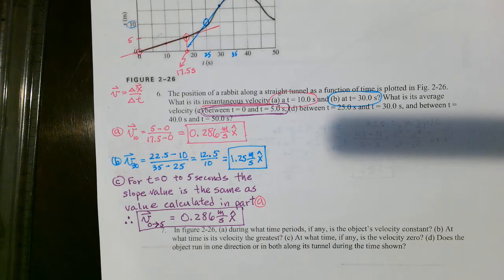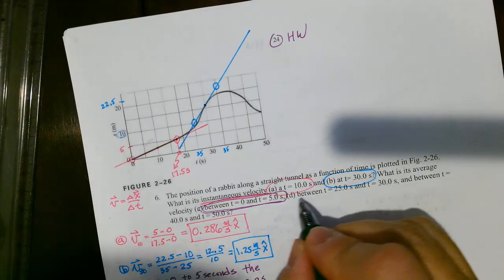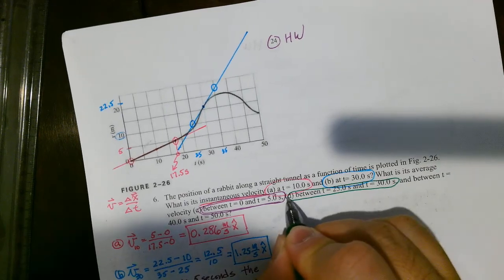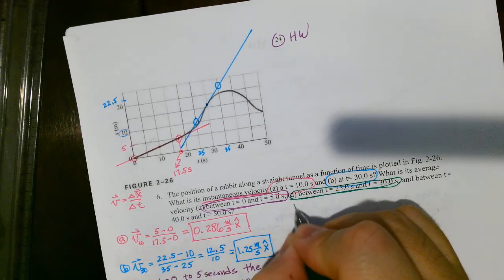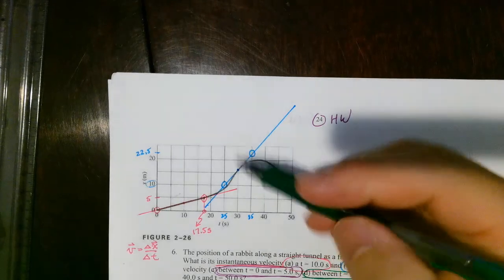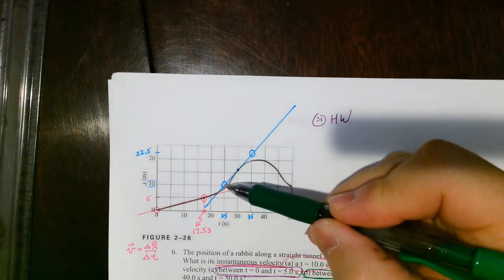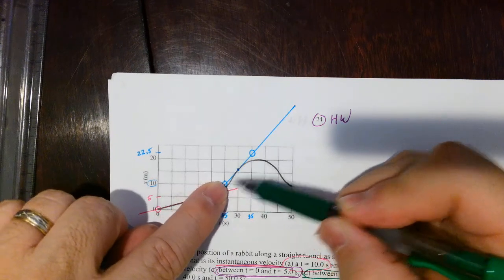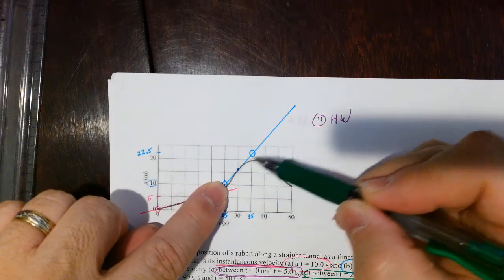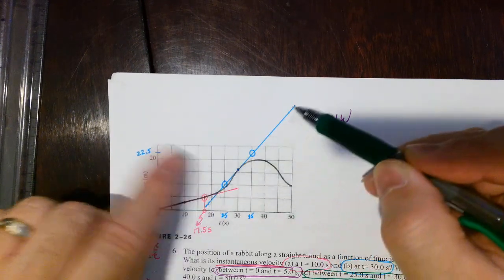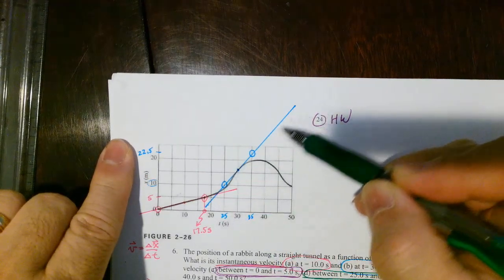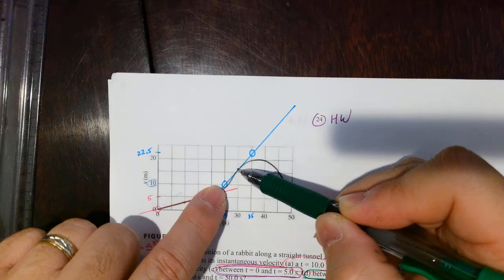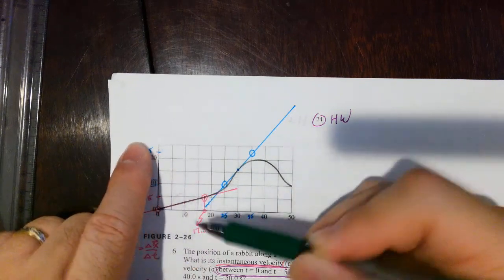What about part D? Part D is from 25 to 30 seconds. Well, look at that. 25 is right on that point, and we already went through that point. If we know this slope value, it is exactly the same as the slope value of these two points.